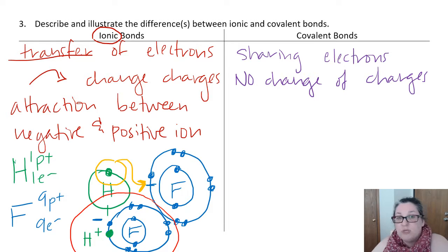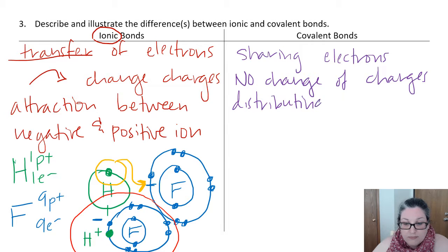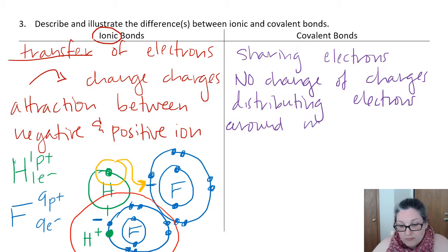And this is just redistributing the electrons to be around more than one atom. And our simplest example is, say, H2.